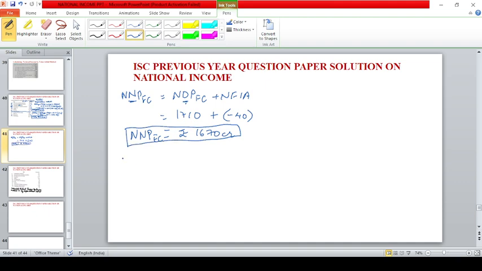Now we will proceed to the next aggregate they have asked us to calculate, that is GNPFC. With the help of NNPFC, we can calculate GNP. From net, we have to go to gross, so you have to add depreciation over here. Rest other things are all the same, NNPFC to GNPFC, so nothing much to do. The value of NNPFC given to us is 1670, plus depreciation.